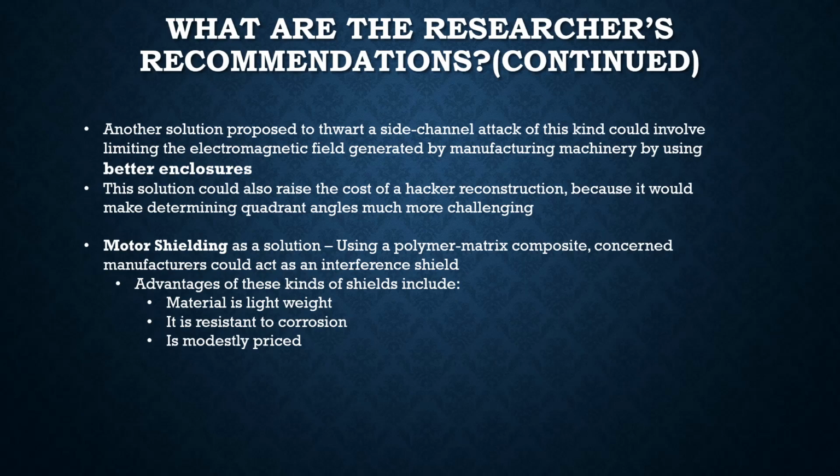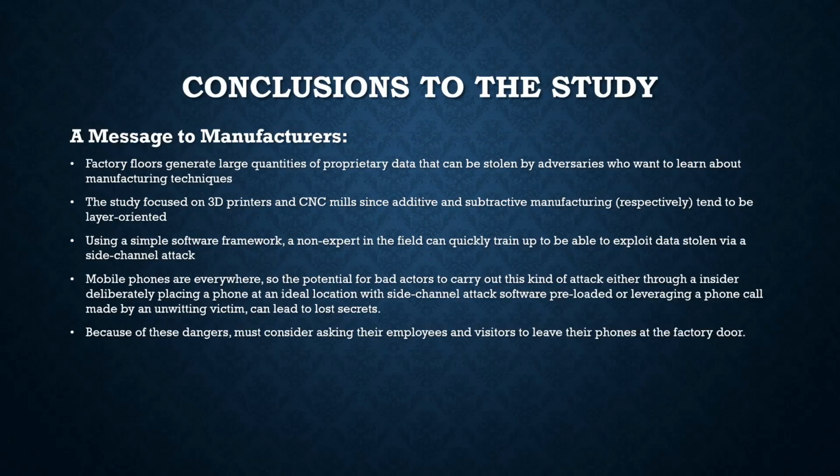Another interesting solution that they proposed is motor shielding. And what they proposed is actually using a polymer matrix composite, and that concerns manufacturers could act as an interference shield. There's several advantages of these kinds of shield, including the material itself is lightweight, it's resistant to corrosion, and it's modestly priced.